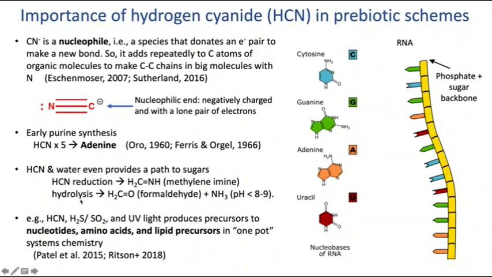If you take these simple starting materials such as HCN, SO2 or H2S, and UV light, it's been shown that you can make nucleotides, amino acids, and lipid precursors in a systems chemistry approach. So you make these important biomolecules all at the same time in what's called one-pot chemistry. And cyanide really is the critical feedstock molecule in these reaction networks.